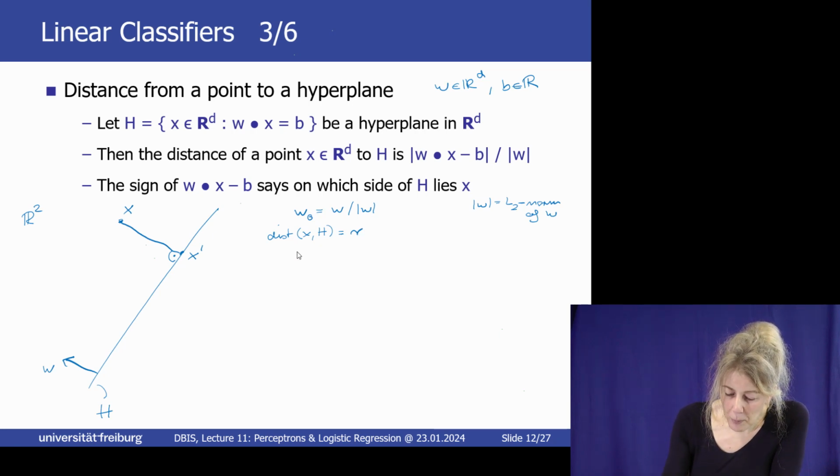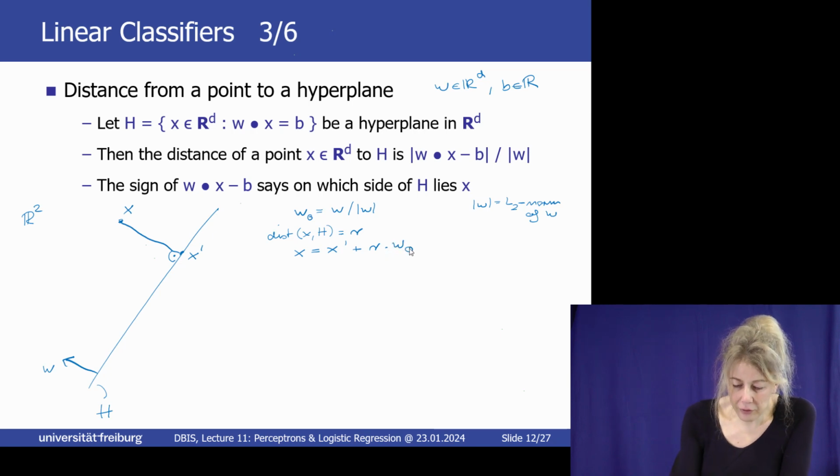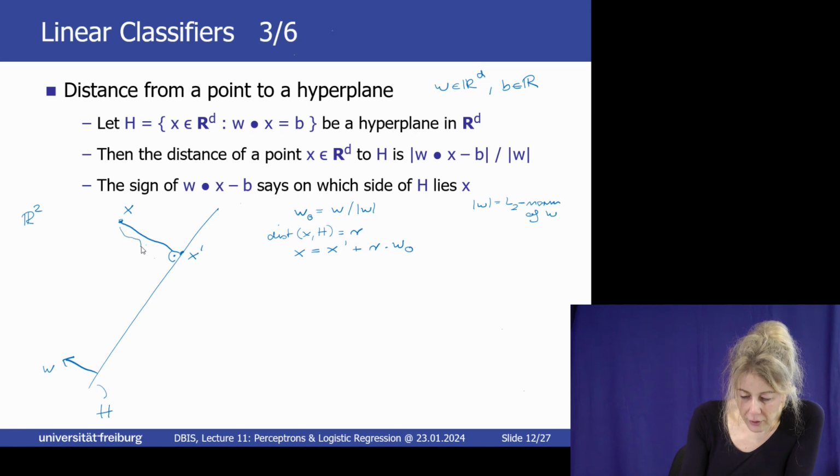Then I can write x as x prime plus r times w0, right? So the length of this difference here is r; it's the distance.